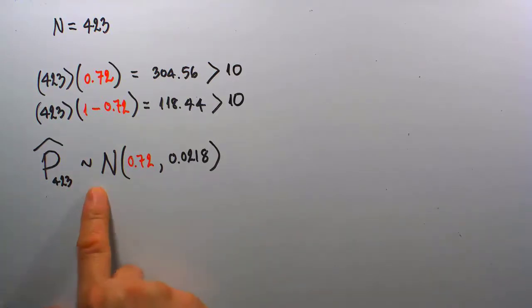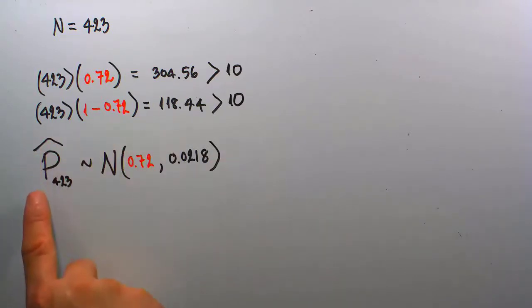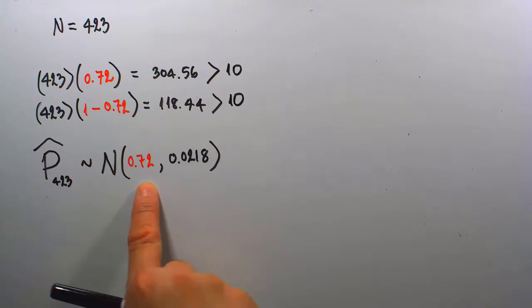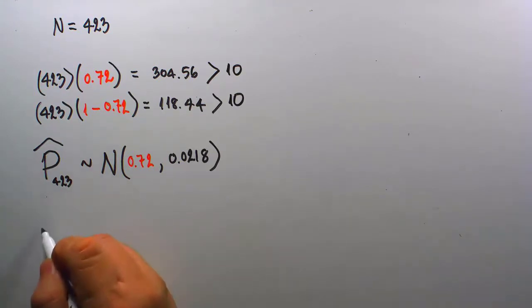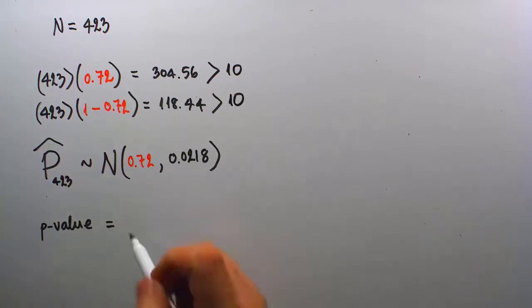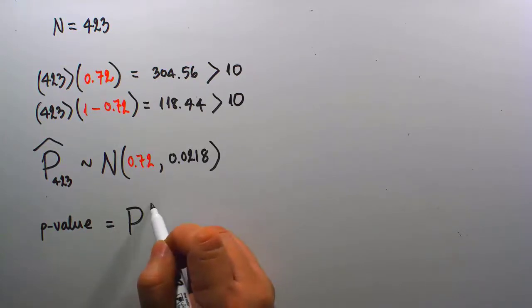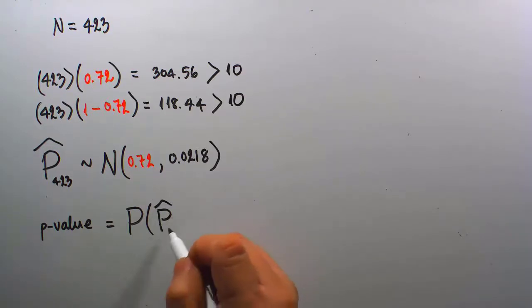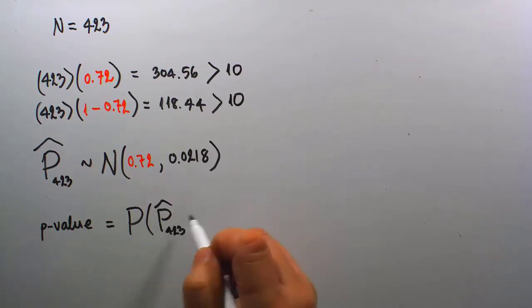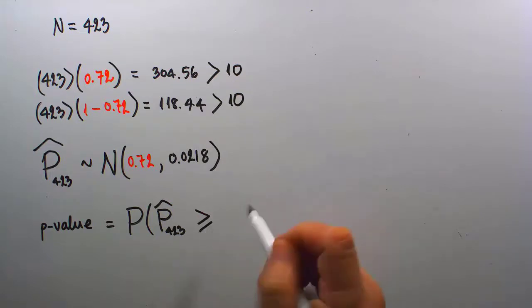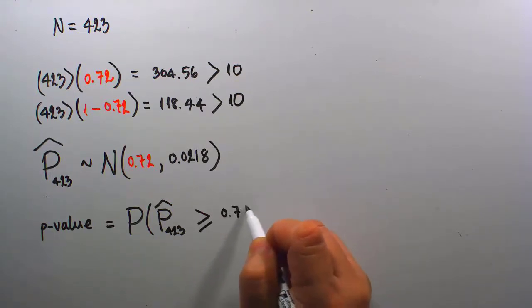And so upon proving that the distribution of all sample proportion values is normally distributed at this center and that average spread, when it came down to our step of calculating the p-value of our sample, the calculation setup was the probability that among all sample proportions of size 423, we're looking for the sample proportion value being greater than or equal to 0.7589.